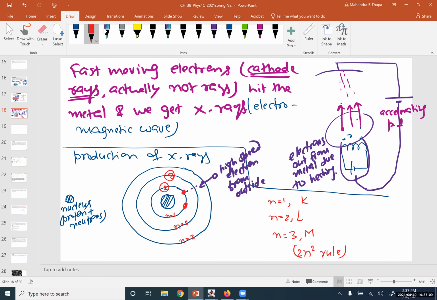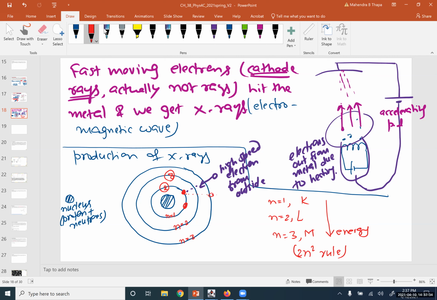The energy is going to increase in that sequence. The energy of the first orbit is least, the energy of the second orbit is higher, the energy of the third orbit is higher. So when it hits, this electron comes out from here. Maybe this electron jumps somewhere in a higher orbit, say here.